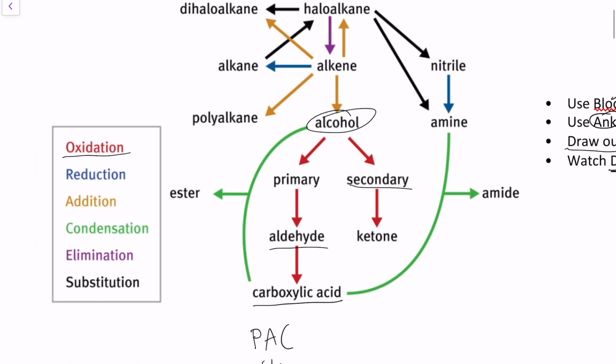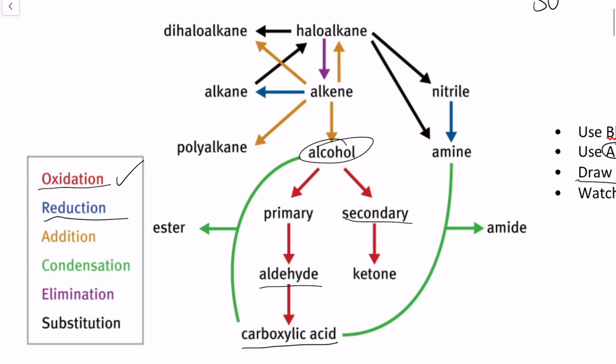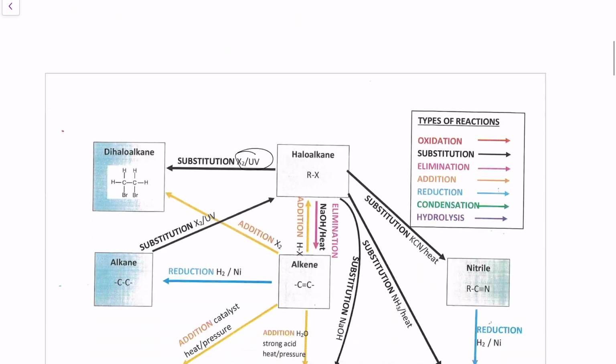Once you've done oxidation down pat, then I would literally go in this order: oxidation and reduction. With reduction, there are also two pathways. We can get an alkene to an alkane and a nitrile to an amine.